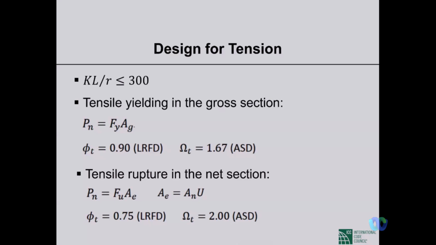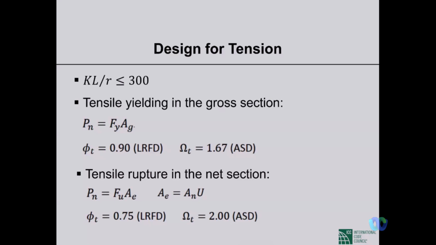Now, if we subtract the cross-sectional area of those holes, then we'll get the net area. There are rules for that, how much you have to subtract, etc. I'm not going into the detail of those, but we can calculate the net area, but we have to multiply with that one factor that's called shear lag factor.